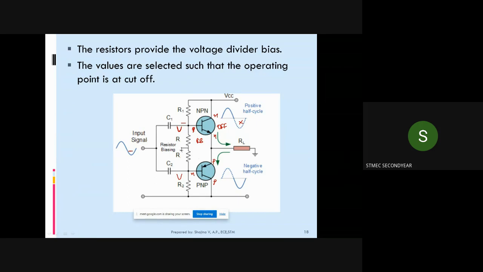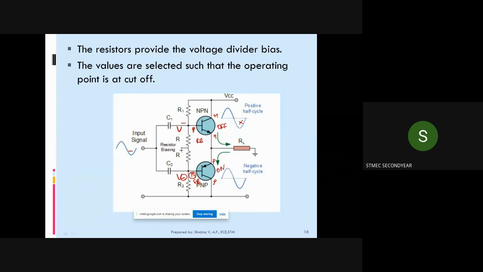Now, during this negative half cycle, take the condition for this PNP transistor. In the PNP transistor, our base is N-type, and we are applying a negative signal. So here we are applying negative voltage to the N-type region. That means this base emitter junction is forward biased, and forward biased means this transistor turns on.